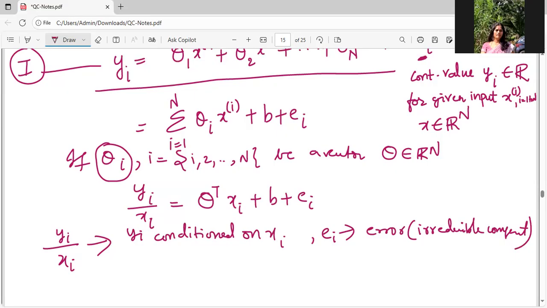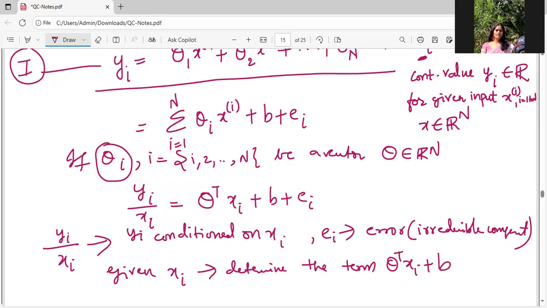And of course, it doesn't have any relationship with the parameters or the input features that I have considered. Now, given xi, what we need to determine is the term theta transpose xi plus b.